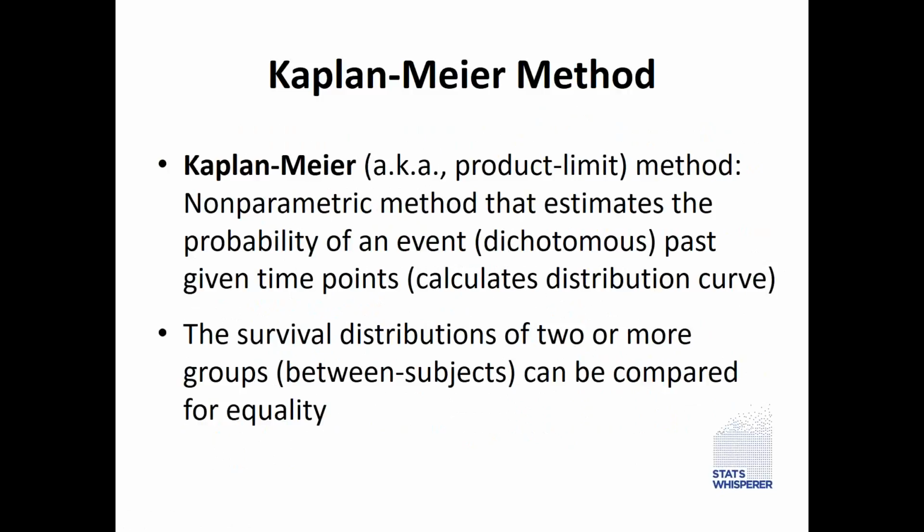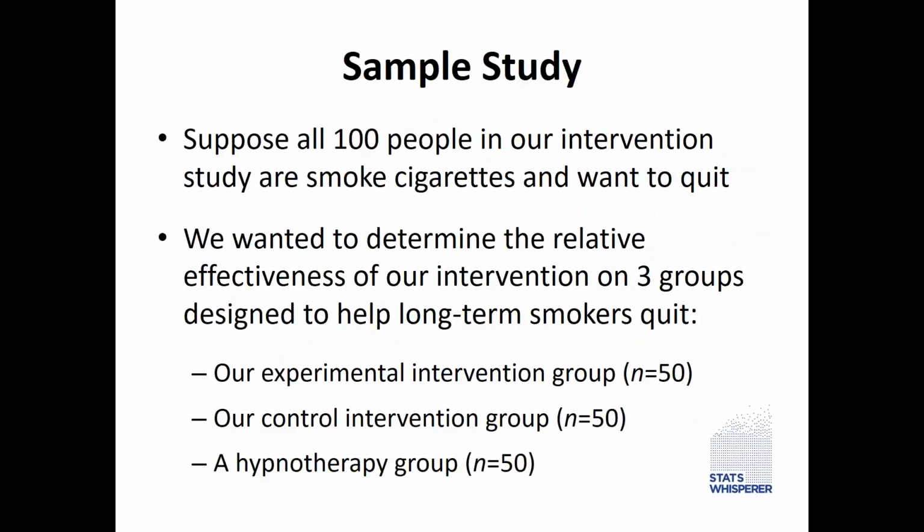The survival distributions can compare 2 or more groups. So how do these 2 or more groups do in experiencing the event over a certain amount of time? And was it significantly different? Which brings us to our sample study.